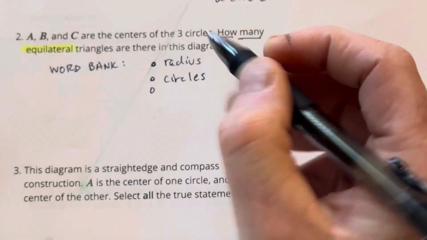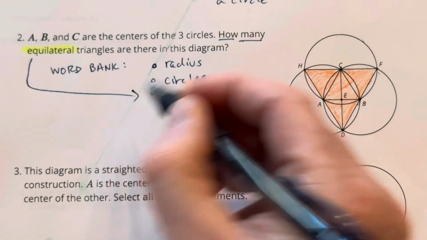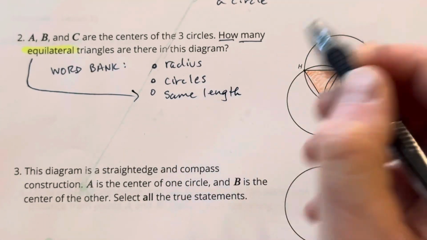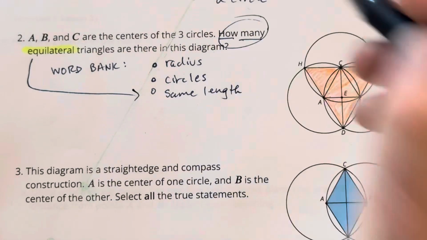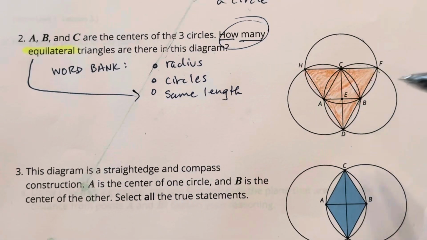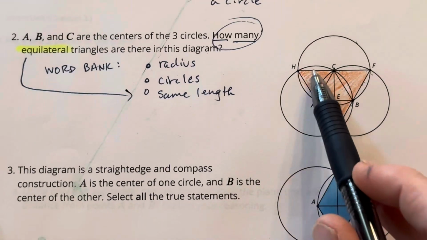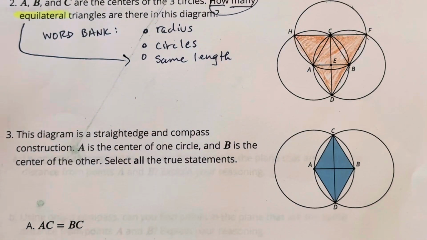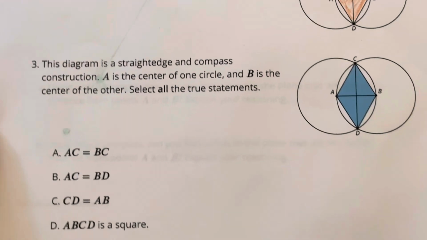Now, when you're proving equilateral, you also want to use the same length. So the key on this one is how many, though. I gave you one, the orange one. You got to find all the equilateral triangles. Okay, number 3, here we go.